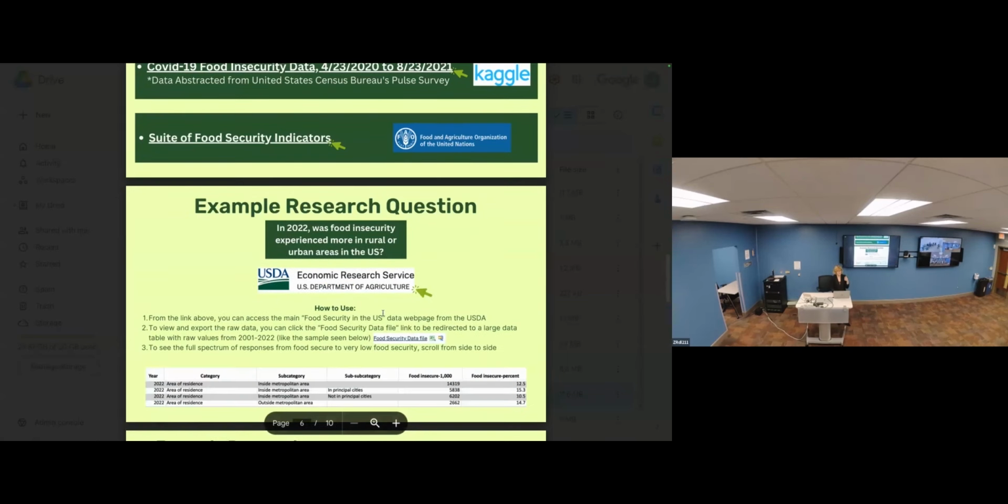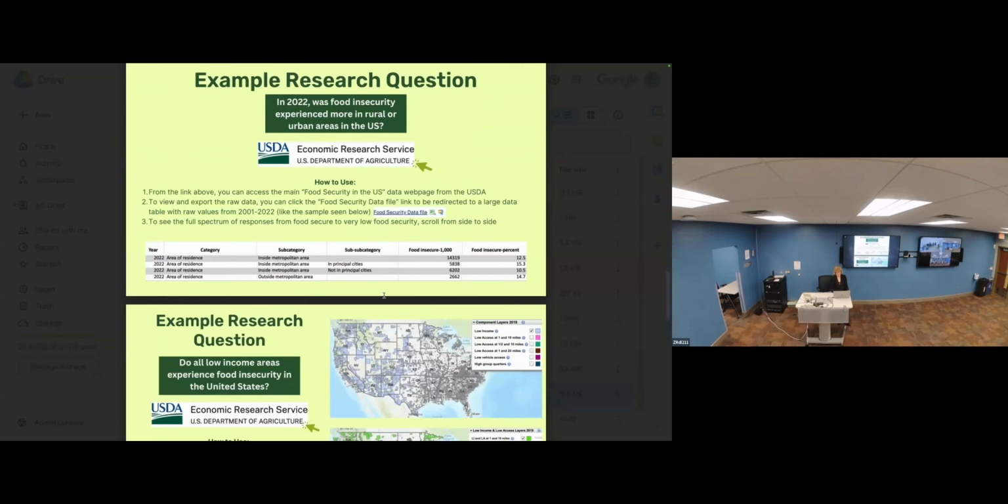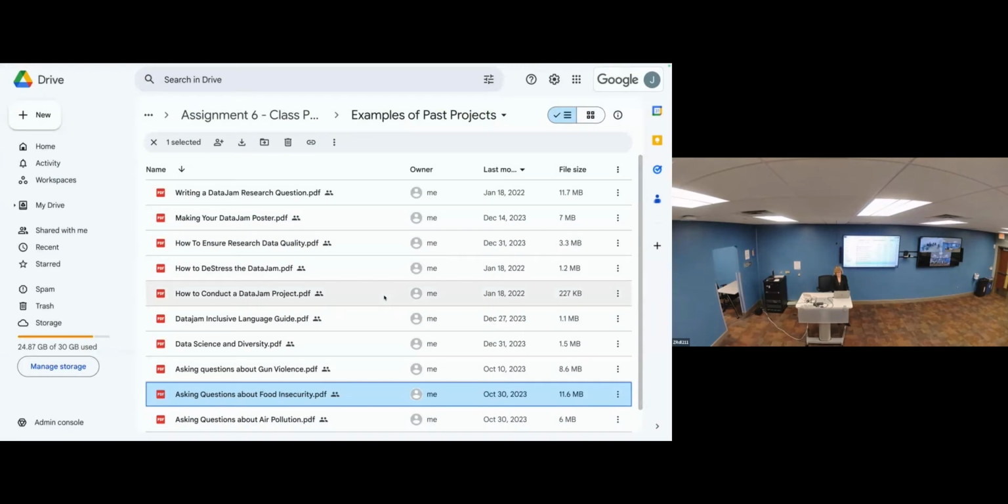And then there are example research questions. So in 2022, was food insecurity experienced more in rural versus urban areas of the US? And there's again an arrow to the data set, and then there's instructions on how to use it. And it goes on to give others.